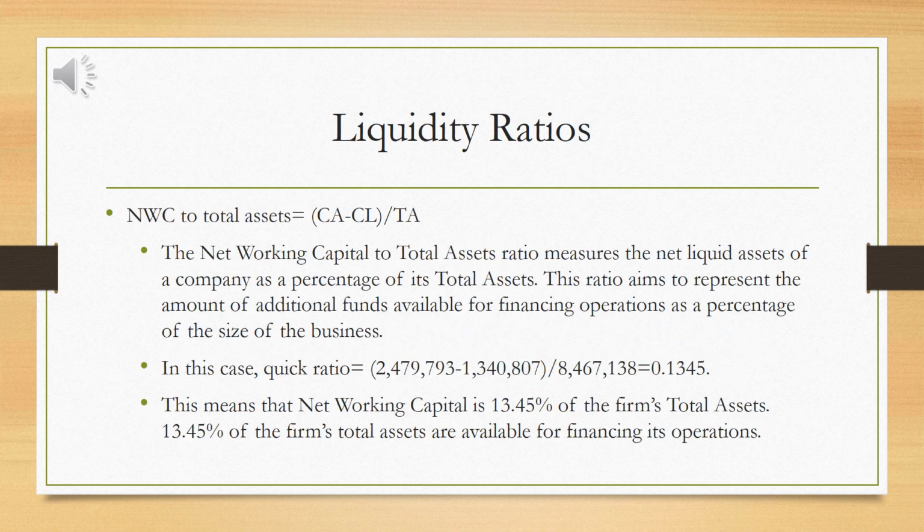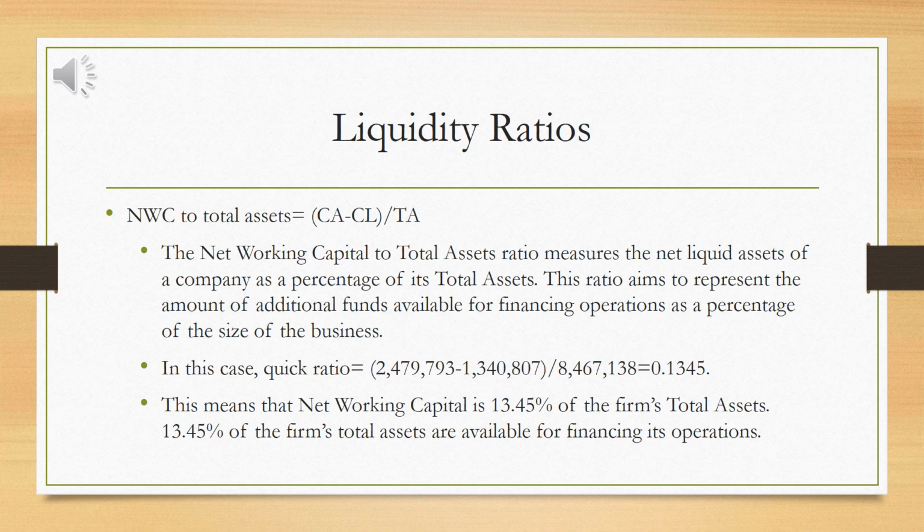Net working capital to total assets equals current asset minus current liability over total asset. The net working capital to total assets ratio measures the net liquid assets of a company as a percent of its total assets. It aims to represent the amount of additional funds available for financing operations as a percentage of the size of the business.